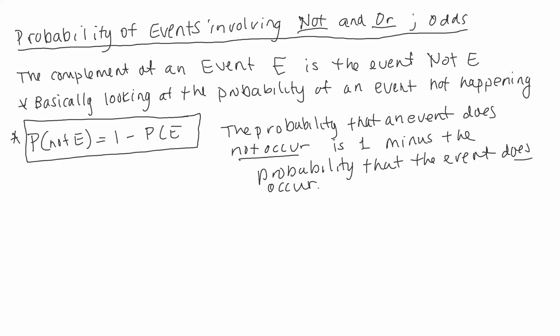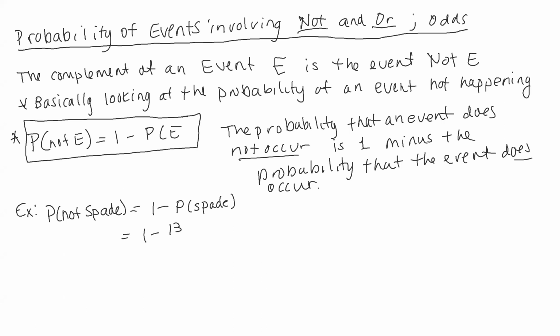Okay, so let's say for the first example, we are dealt one card from a standard 52 card deck. Find the probability of not being dealt a spade. So we want the probability of not a spade. Well, that is 1 minus the probability that we do get a spade. If you're dealing with a 52 card deck, how many spades are in the deck? Well, there are 4 suits in a deck. Each suit has 13 cards.